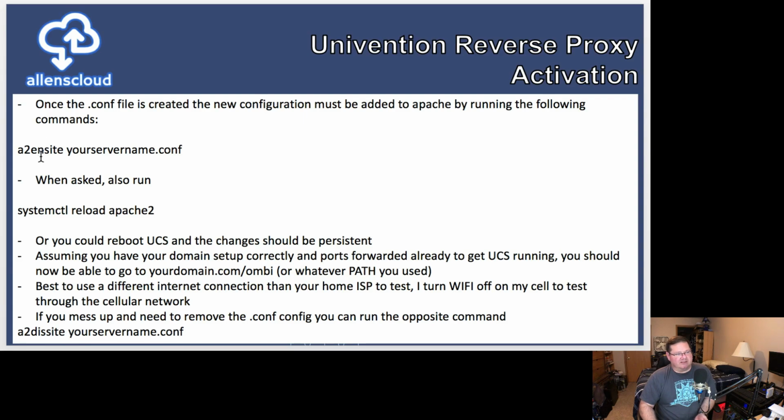Instead of enabling a site, it disables the site. And then you'll have to run that systemctl reload again. Then you can edit your configuration file to what it needs to be, and then start from the beginning running the enable. That should, with a little bit of trial and error, get you where you need to be as far as the reverse proxy is concerned.